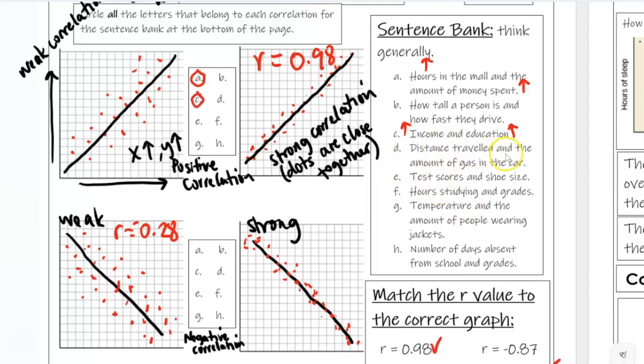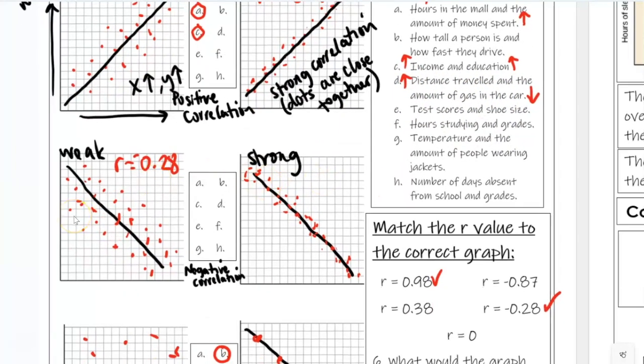All right, distance traveled and the amount of gas in the car. It's the last one I'll do. If I travel more, if I go further, will my gas increase? Oh no, that doesn't make sense. The further I go, will my gas decrease? Yes. So this one is a negative correlation because as one is going up, the other is going down.